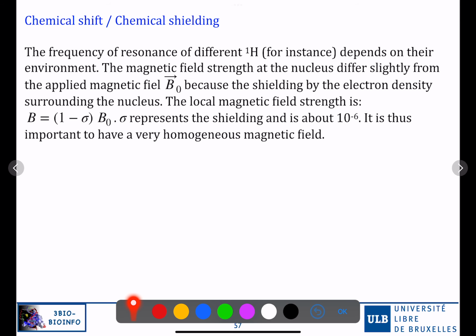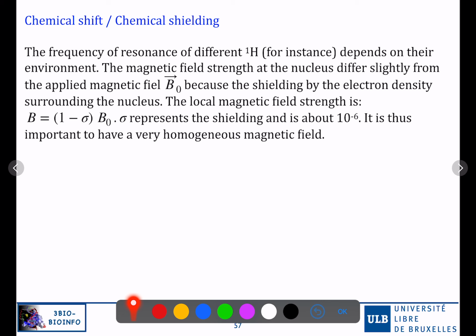So, something that is important here is that you have thus this perturbation. You will switch on the B1 magnetic field. This will induce the perturbation in the system.